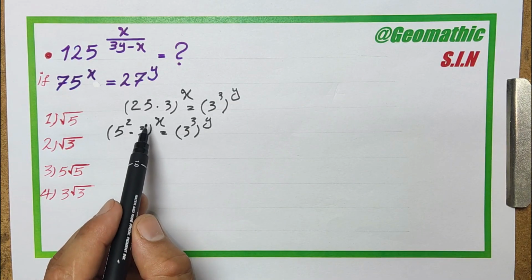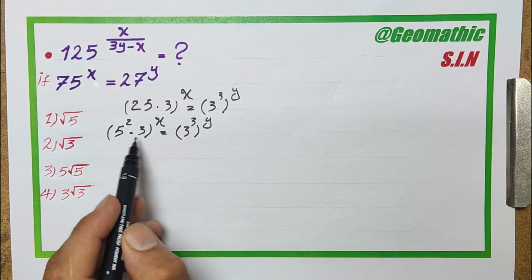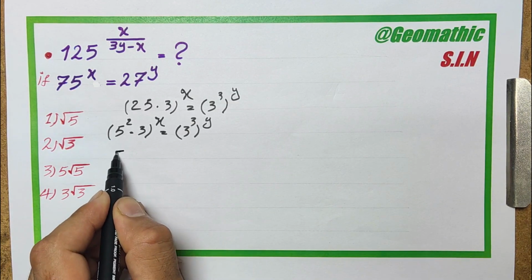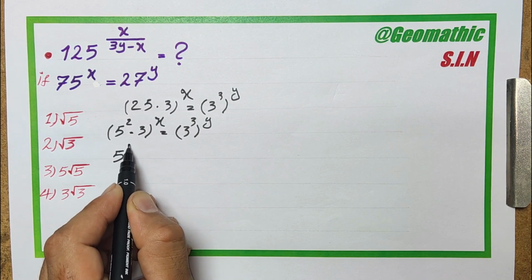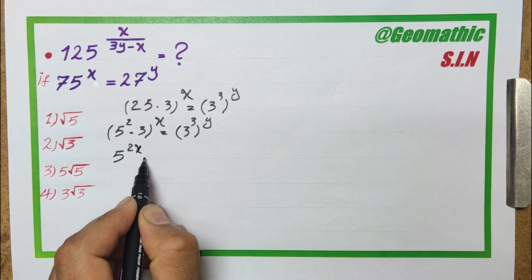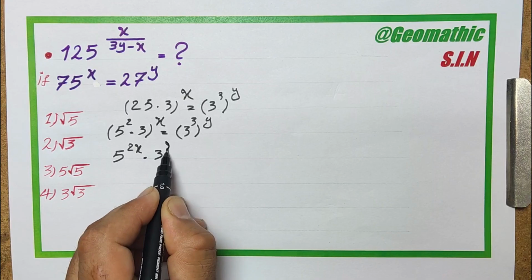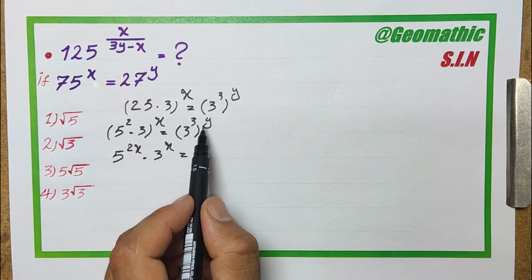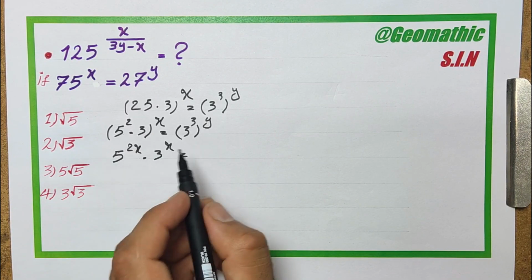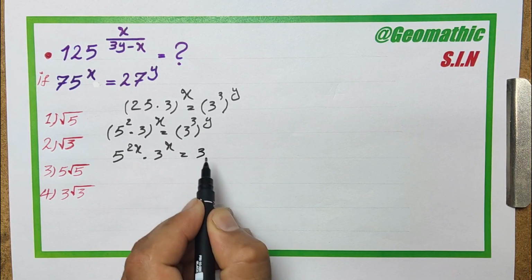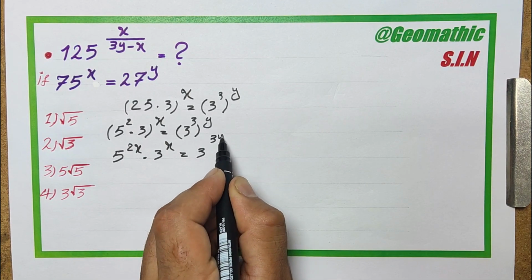Now we can distribute the exponent x to each factor, so we have 5 to the power of 2x times 3 to the power of x equals, here the exponents can multiply, so equals 3 to the power of 3y.